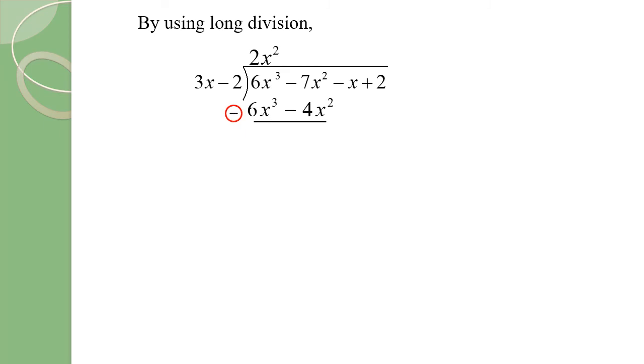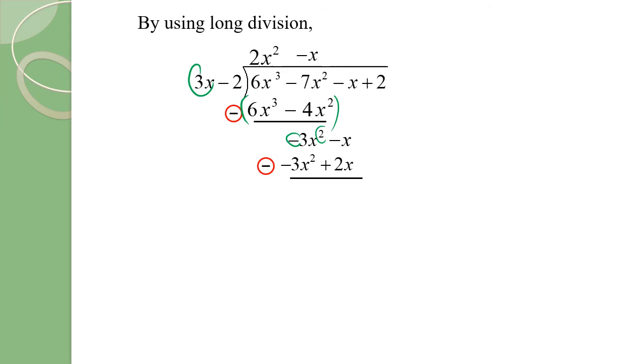So 6x cubed minus 4x squared, we have the remainder of negative 3x squared. Bring down a negative x. Because we have 3 already here, we just have to multiply by negative x. So negative 3x squared plus 2x.